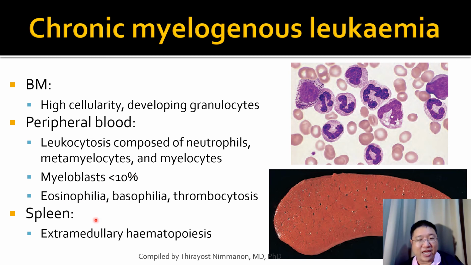And basophilia is also a characteristic feature because this condition is seen in only few conditions, and chronic myelogenous leukemia or chronic myeloproliferative disorders are amongst only few causes of basophilia. Thrombocytosis is also possible. Extramedullary hematopoiesis may result, and so we may observe splenomegaly as well, because the spleen is filled with hematopoietic cells.